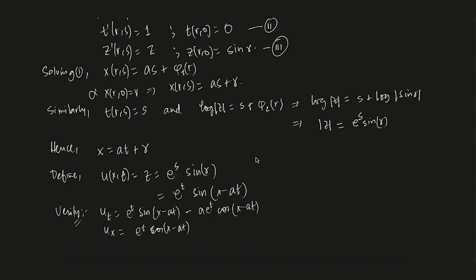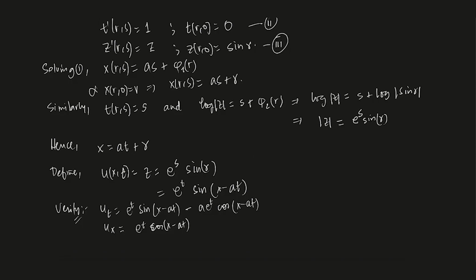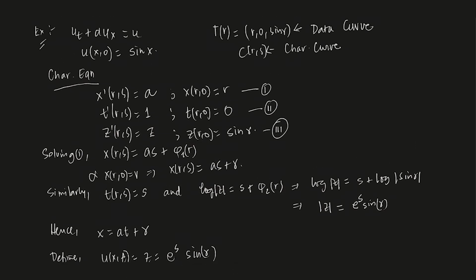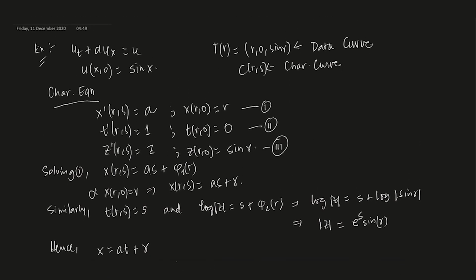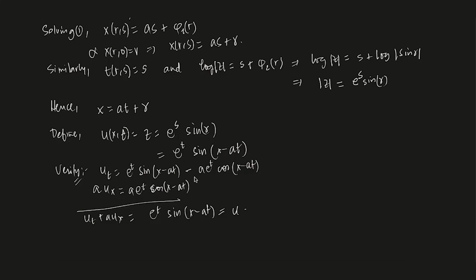So what is our equation? Our equation is ut plus aux. If you multiply ux with a and add it up, ut plus aux should give you e to the power t sine of x minus At, which is your u, right? So ut plus aux equals u. You see, this is the equation. So this is the solution. This is our required solution.